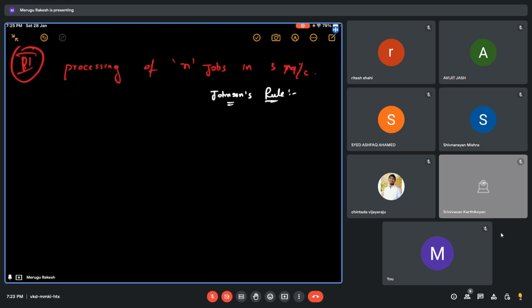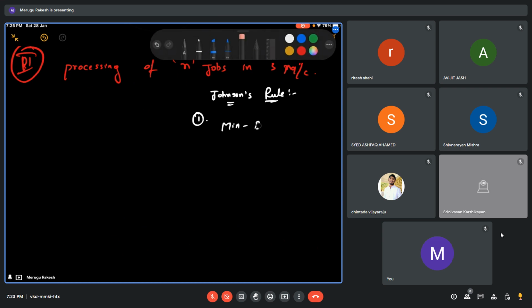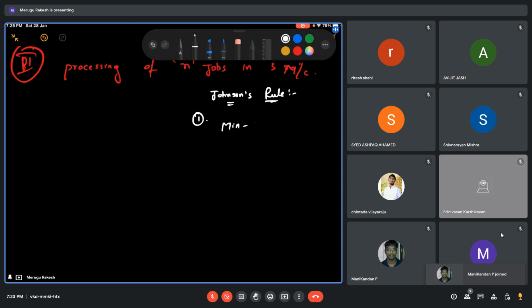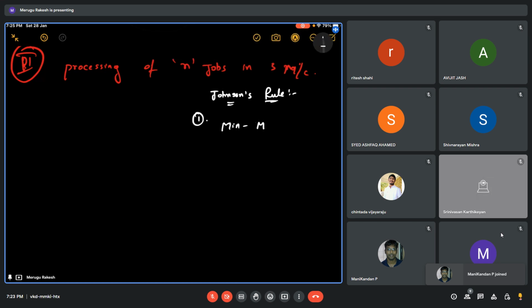This Johnson's rule you have to remember. Suppose you have 3 jobs, job A, job B and job C. Then the minimum in machine A should be greater than or equal to the maximum in machine B. This is one rule.